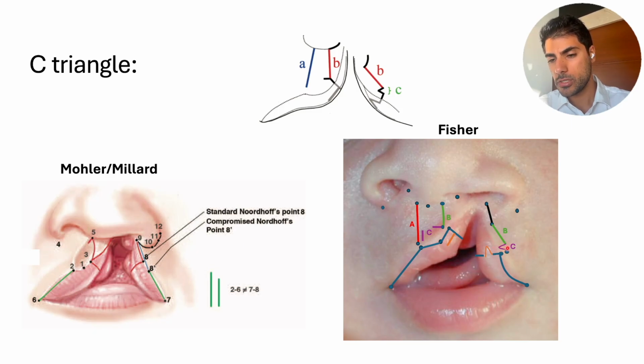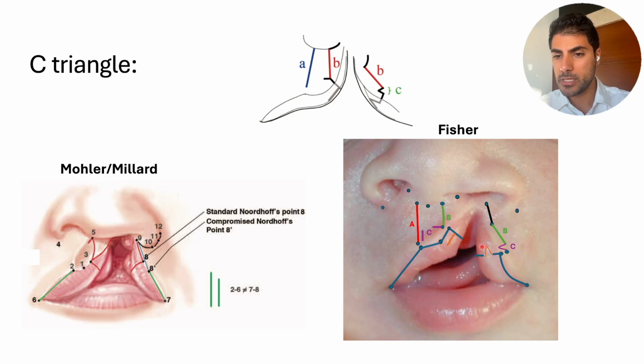Okay, so just to explain, A is the length of the filtral column that we want to achieve. B is the shortened filtral column, and then C is the distance that we will have to add to B in order to have a length equal to A, so that we are matching the full length and giving the lip the normal length.